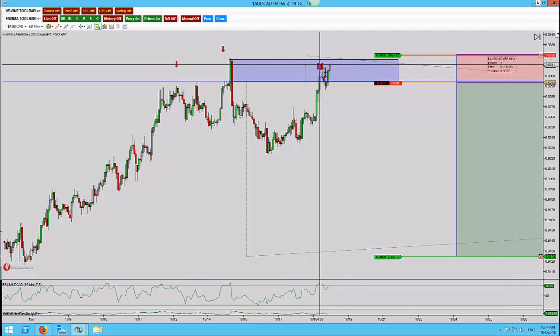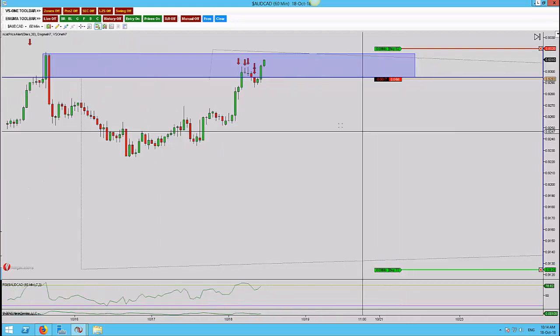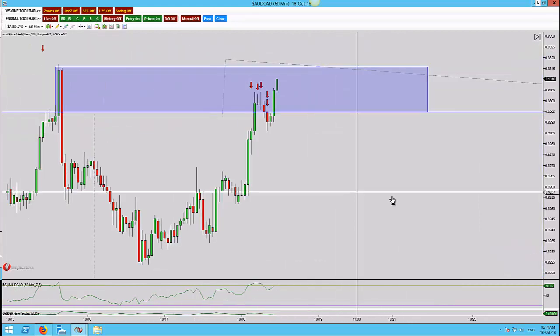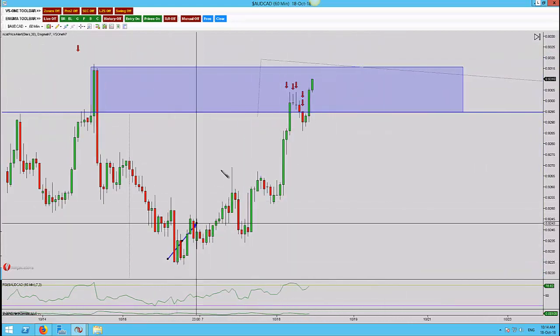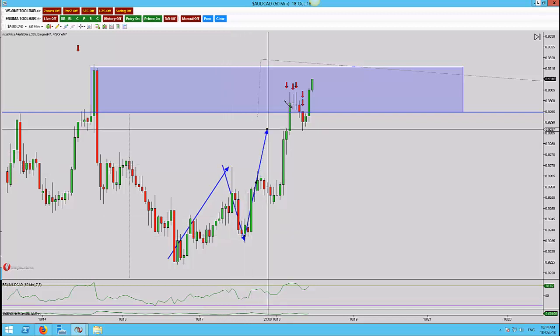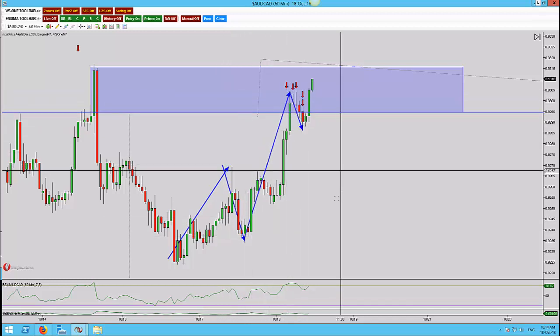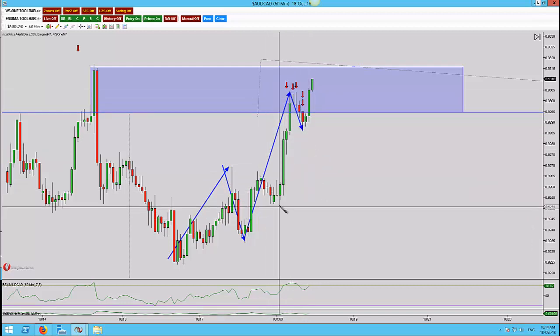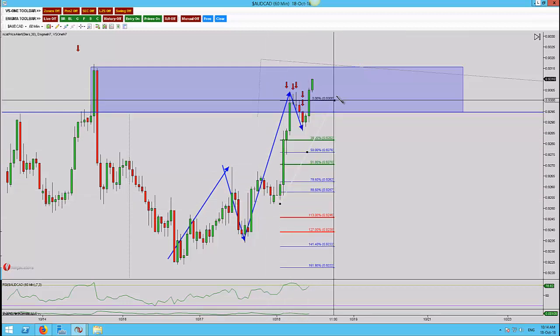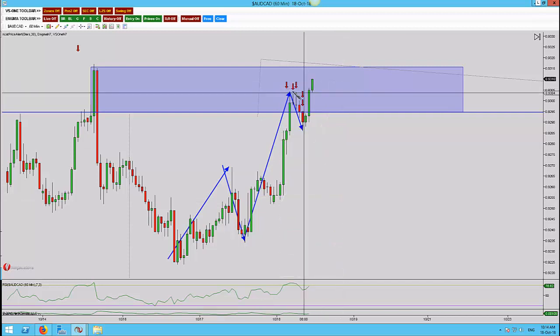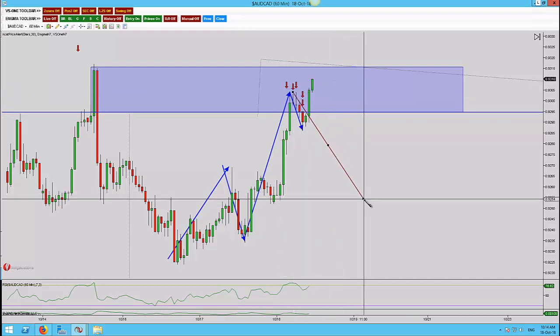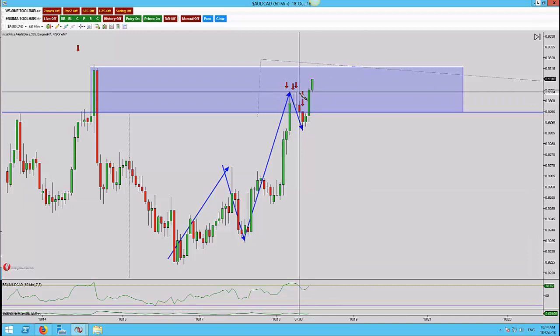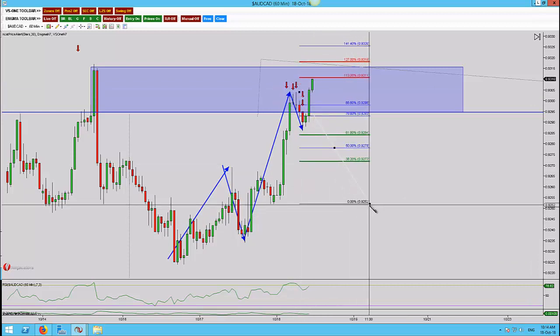Okay, the other thing was, if we zoom in here and we look at what price is doing, so we moved up, we pulled back, we moved up, we pulled back. Now, whenever I see a run like this and a pullback, we can predict fairly accurately that price is likely to go to a 127 fib.